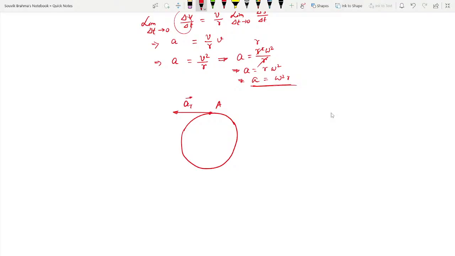and also I will be getting towards the center radial acceleration. ये center है ना O, तो that will be radial acceleration.